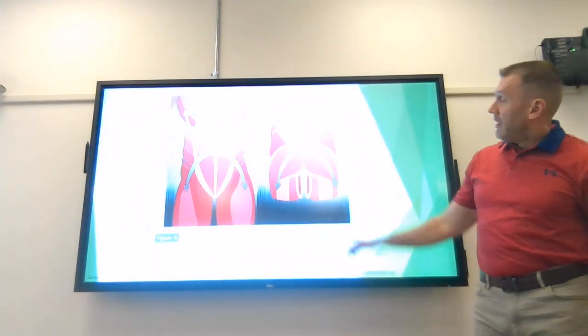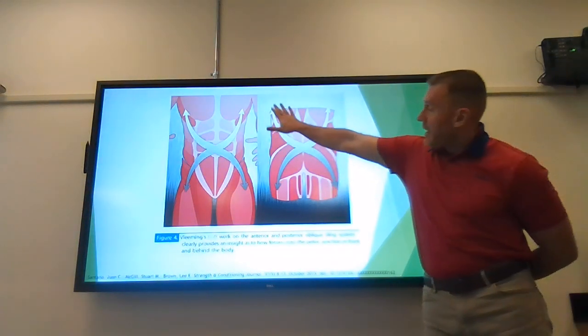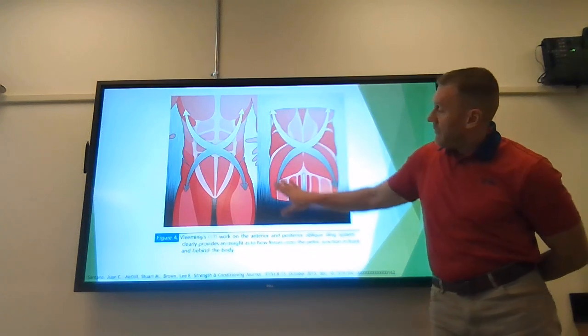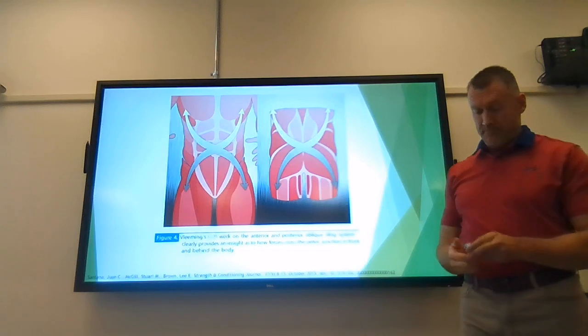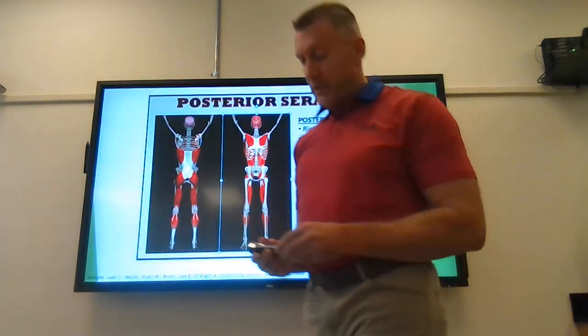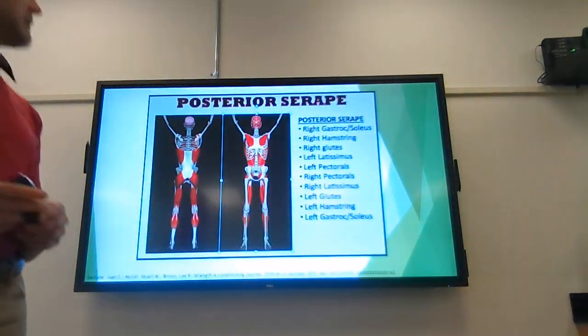So we have from the left hip to the right side of the torso, or from the right to the left, and then from the left to the right. So this goes into that last question on the final exam review.